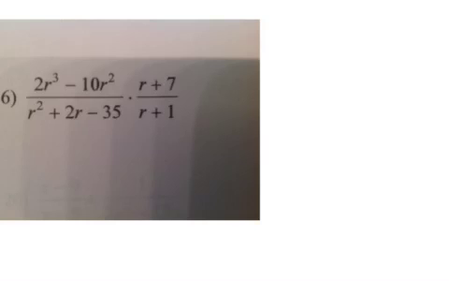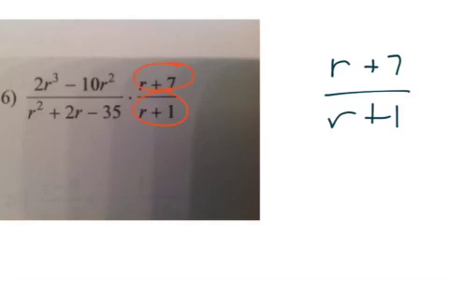Okay, second problem. So what was our first rule again? That's right, we were going to factor everything we could first. So hopefully you recognize r plus 7 and r plus 1 already can't be factored. They're ready to go. That's a times right there.